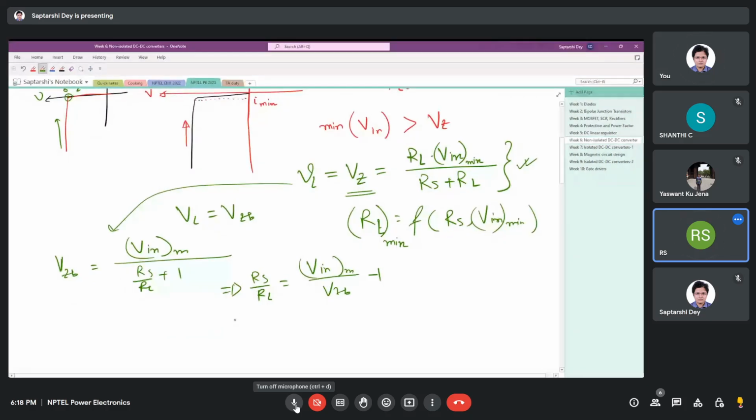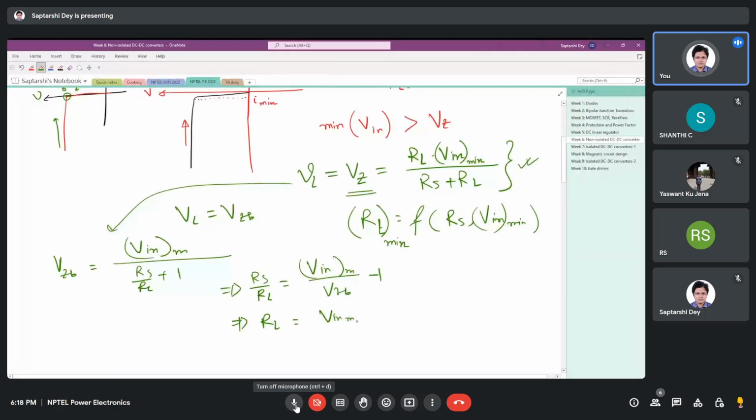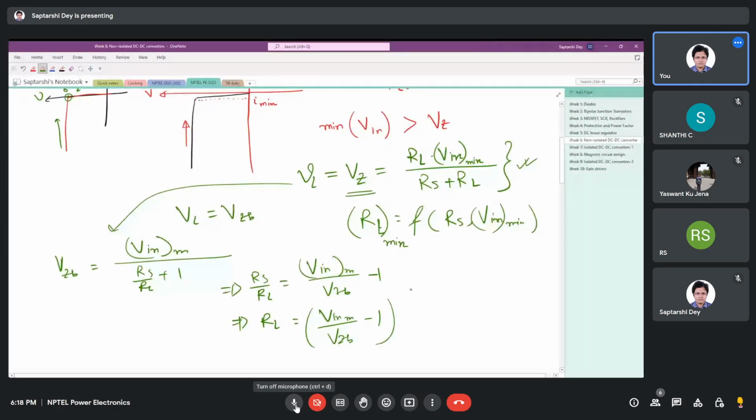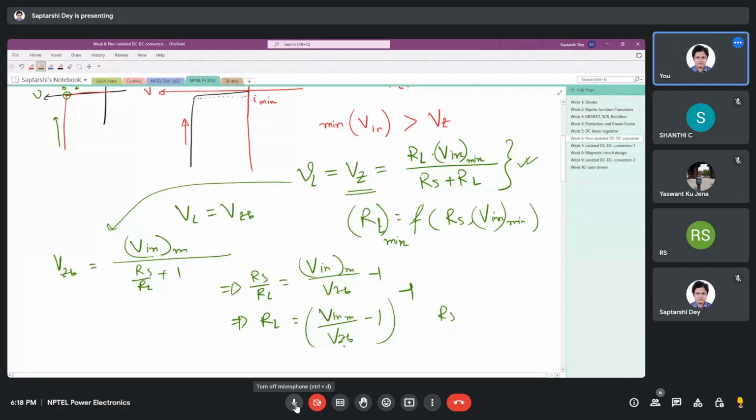So RL is this thing inverse, V in minimum by VZB minus 1, inverse, times RS. Right? Now what is the confusion?